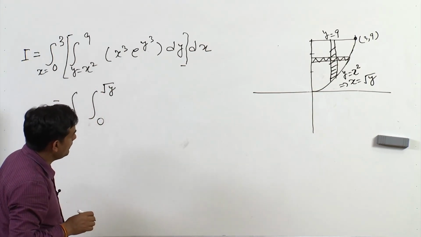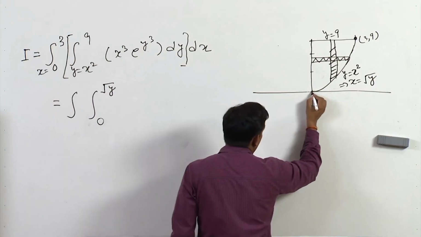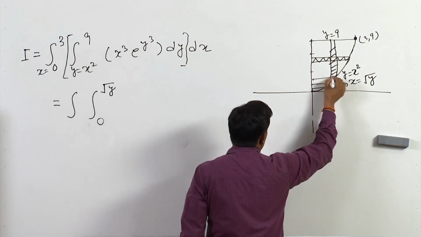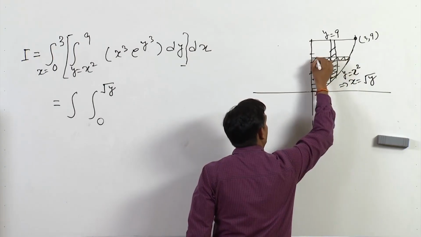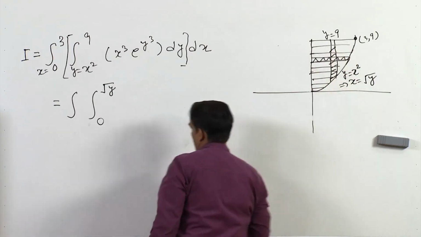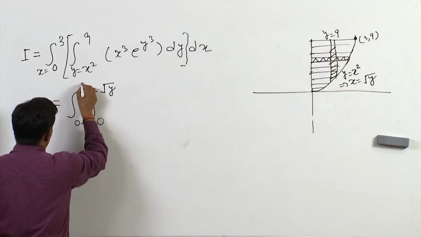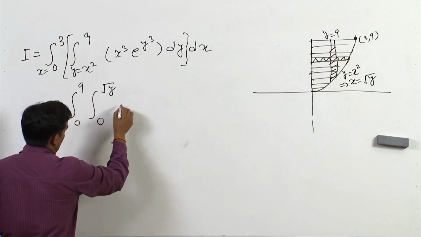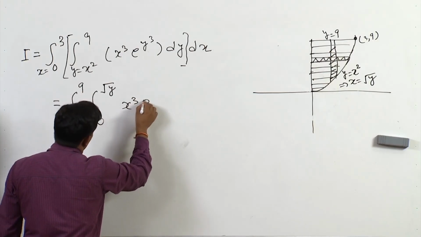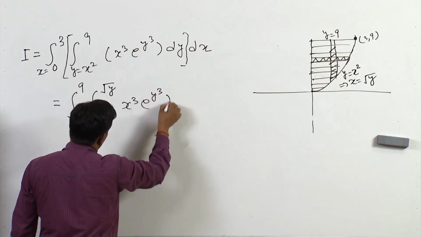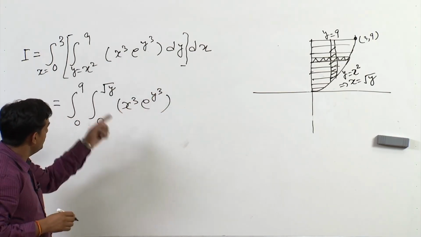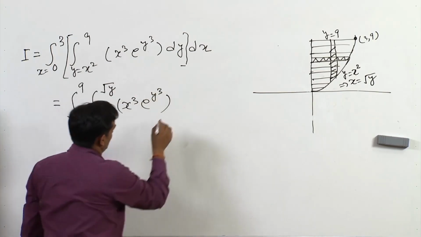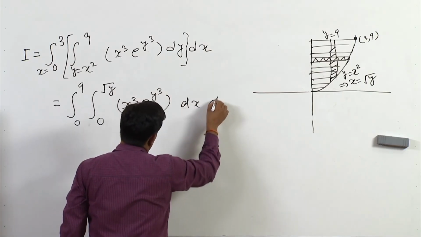This strip will start from here and cover this region like this, so y will go from 0 to 9, of x cube e raised to power y cube, and now dy dx will become dx dy.